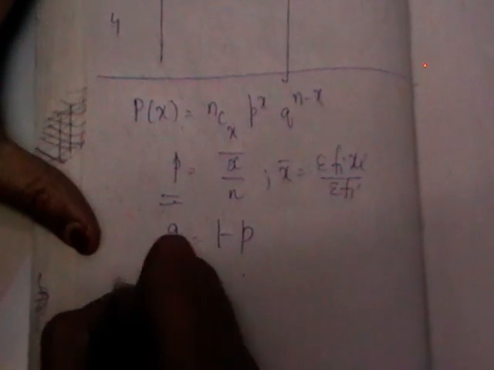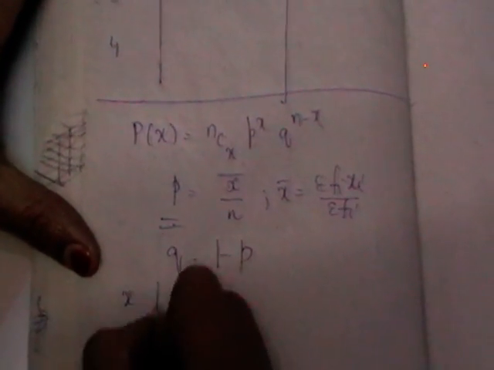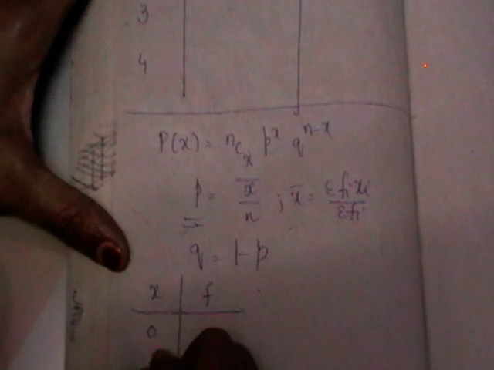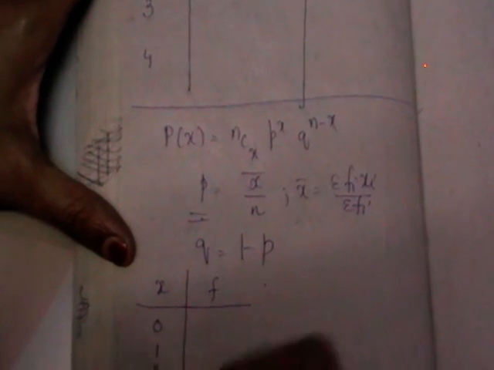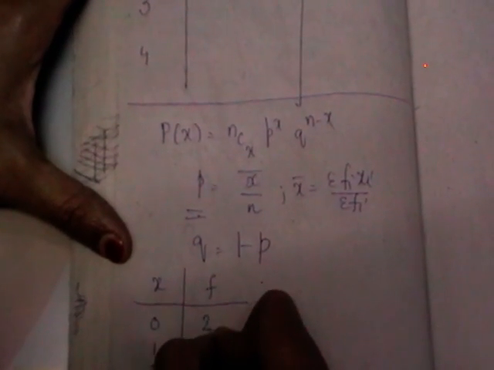As you should know p and q, let us calculate p first. To calculate p, you should calculate x bar first. Here you are given x and f, and I think you know how to calculate the mean. x is 0, 1, 2, 3, 4. The second column represents f in the given question. Please look into your textbook.